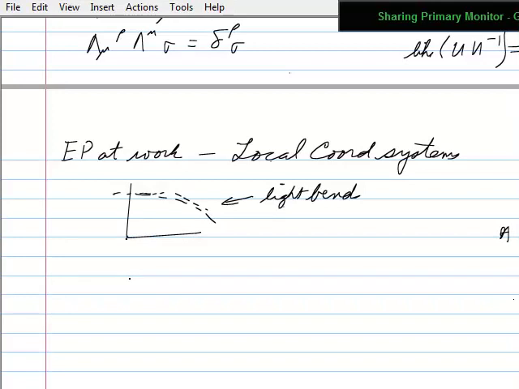And clocks, if you have this equivalence between a gravitational field, here's a clock in a gravitational field, and the equivalence of an acceleration, here's my clock in the accelerating field, clocks also are going to be confusing. They're going to be moving at different velocities at different times. And so the gravitational field is going to do a job on clocks also.